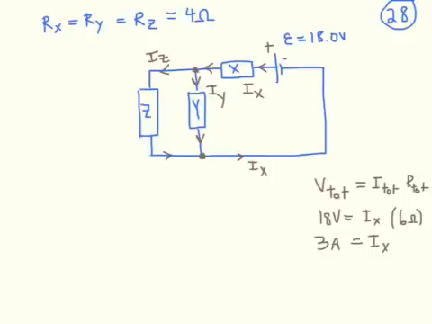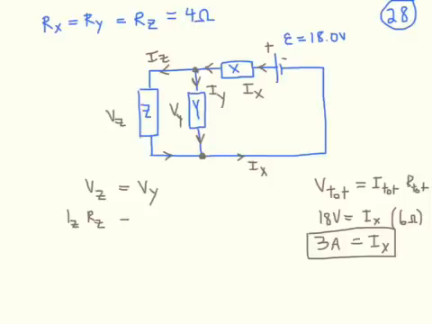Now we just have to find the current through Y and the current through Z. We know that the potential difference across Z and the potential difference across Y are equal because they are in parallel. Whenever you have two parallel resistors, their potential difference is equal. On the left side, we could replace V with I times R, because V equals IR.